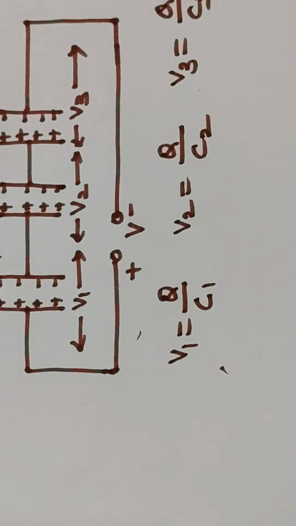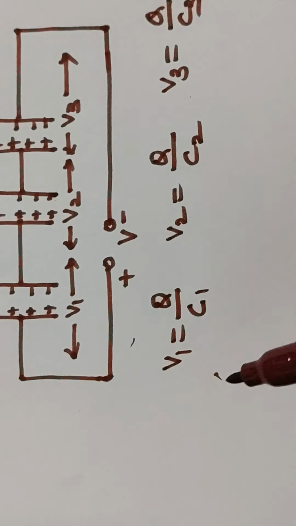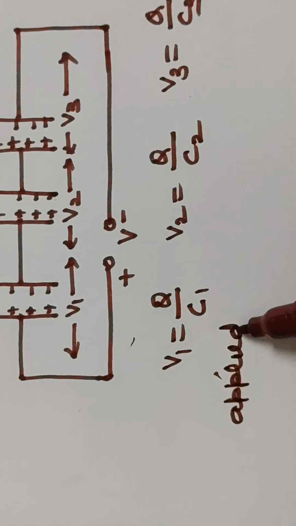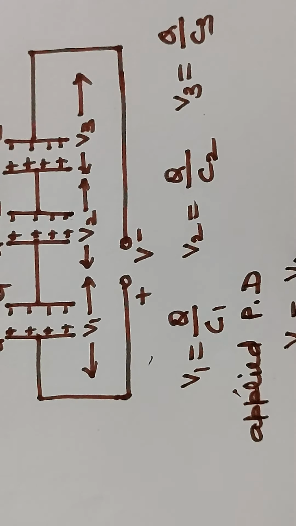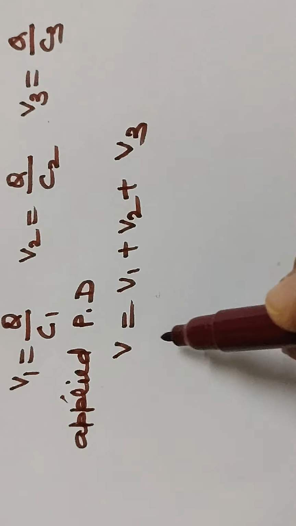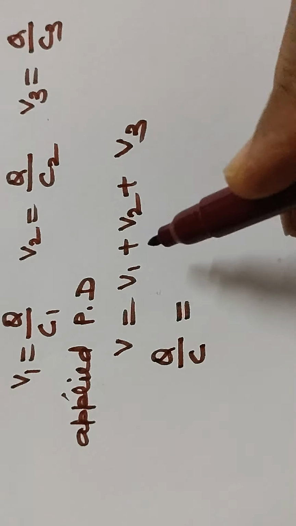Because potential difference divides here, therefore the applied potential difference will be equal to V equal to V1 plus V2 plus V3. So we can write here V equal to Q upon C. Suppose C is the equivalent capacitance.